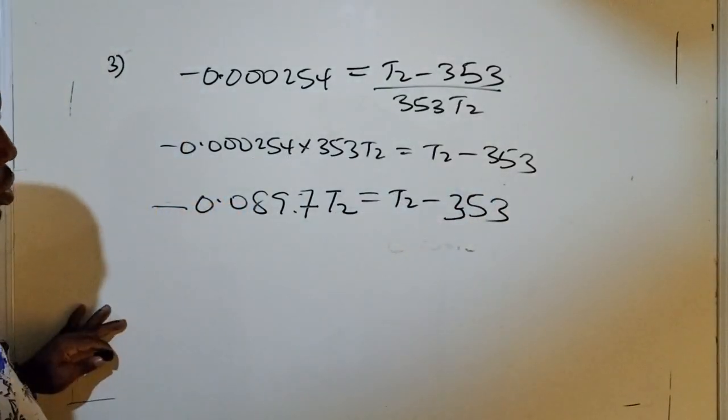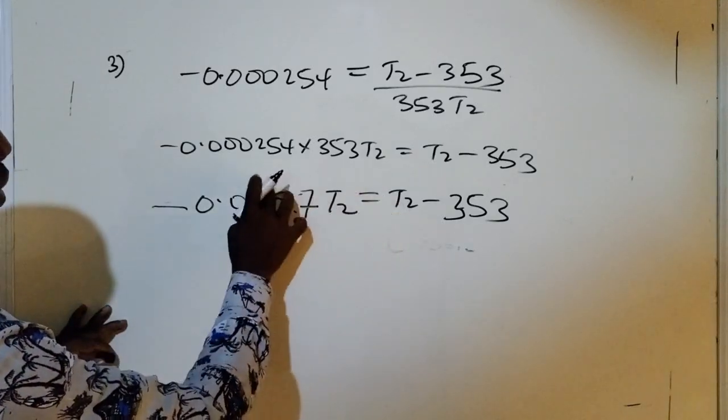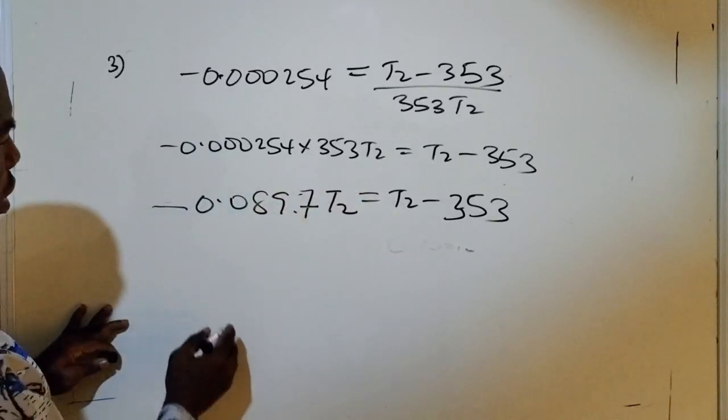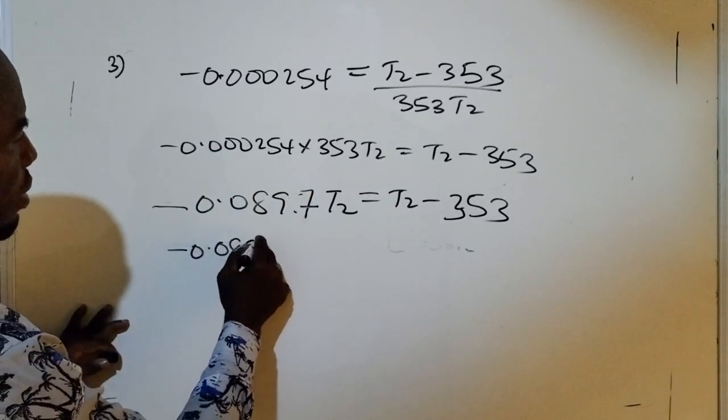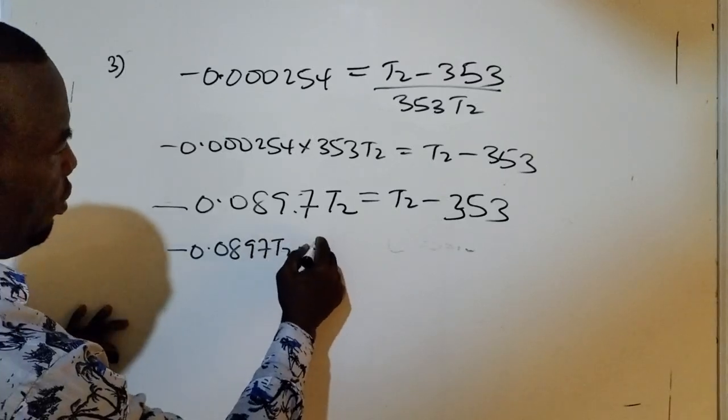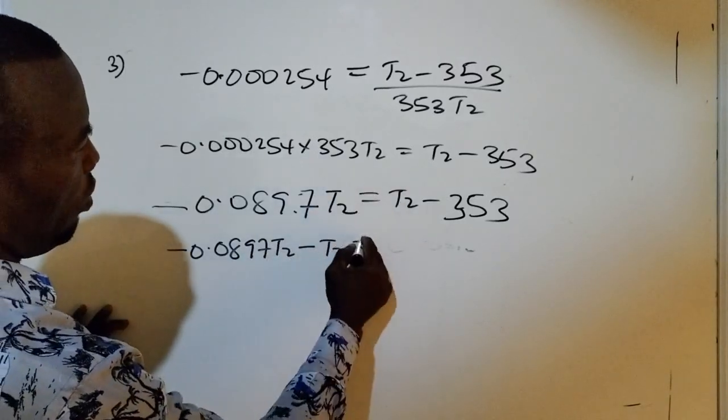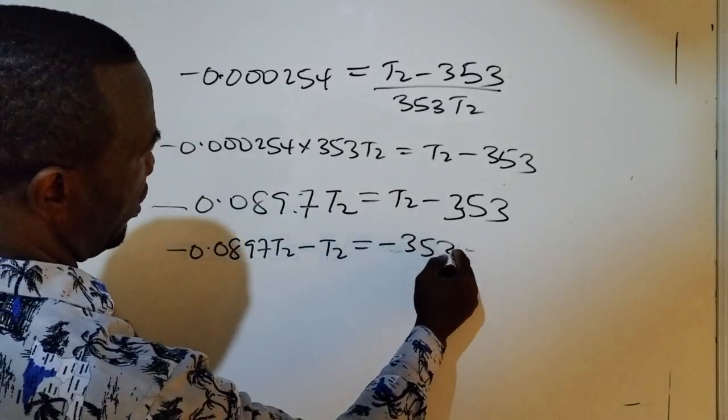Let's collect like terms. So crossing over, I'm going to have negative 0.0897 T2 minus T2, this one moving over, equal to minus 353.